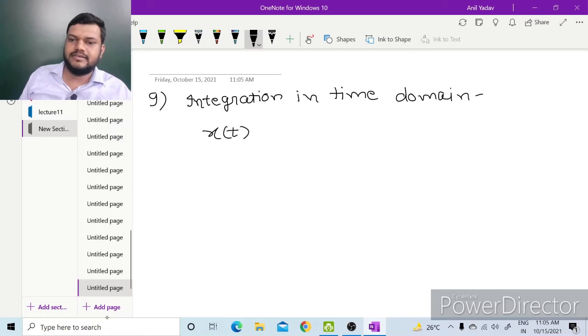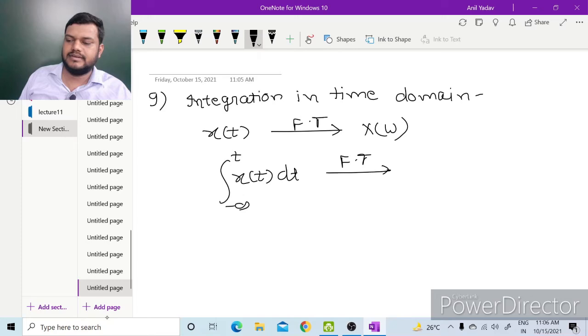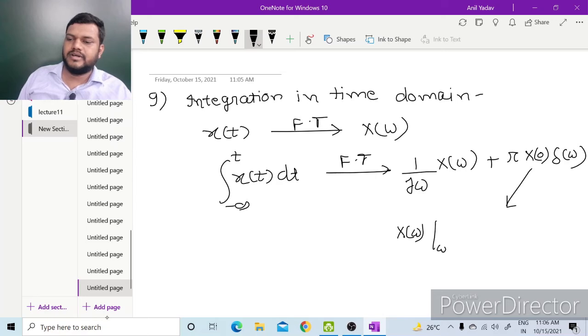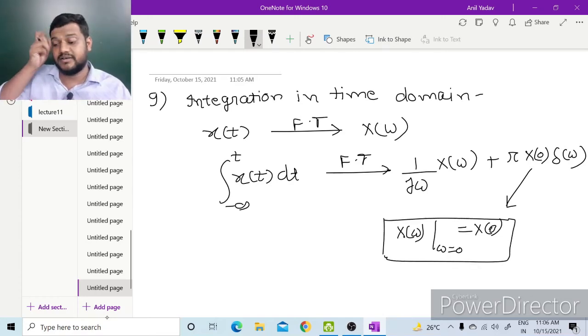So if x(t) has CTFT X(omega), then integral from minus infinity to t of x(t) dt will have Fourier transform 1 upon j omega X(omega) plus pi X(0) delta(omega). This X(0) is X(omega) at omega equal to 0, the value of X(omega) at omega equal to 0.